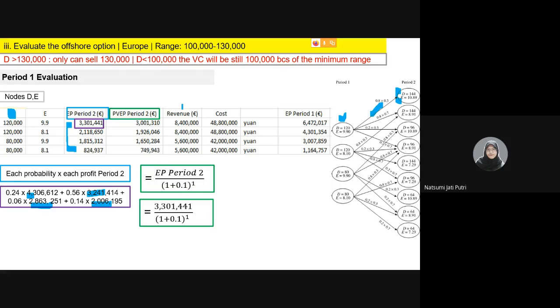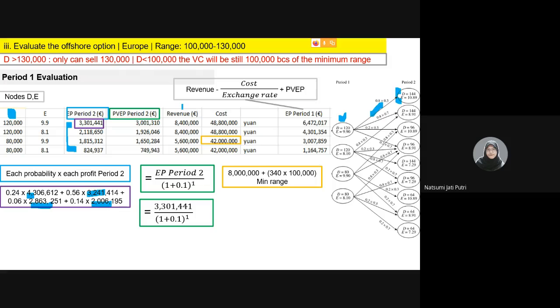Then for the revenue, also the same, just the price times the demand unit. For the 120,000 units, we can fulfill all of it because it is within our range of production. For the 80,000 units, we can also fulfill it within our range of production, and the revenue is here.